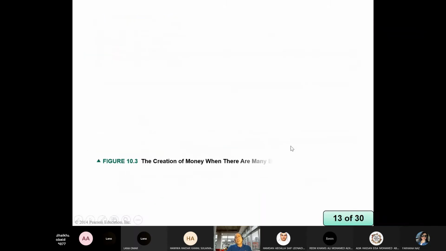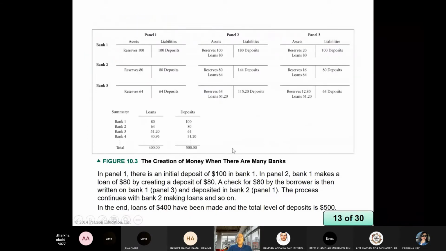Let's go into details and look at this very important multiple deposit table. And this table will help us answer the question, how do commercial banks create money?